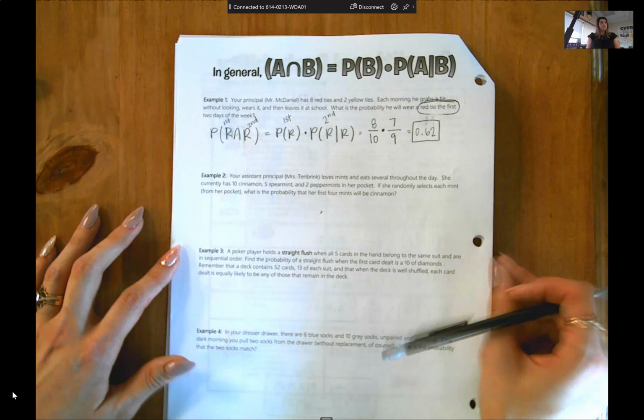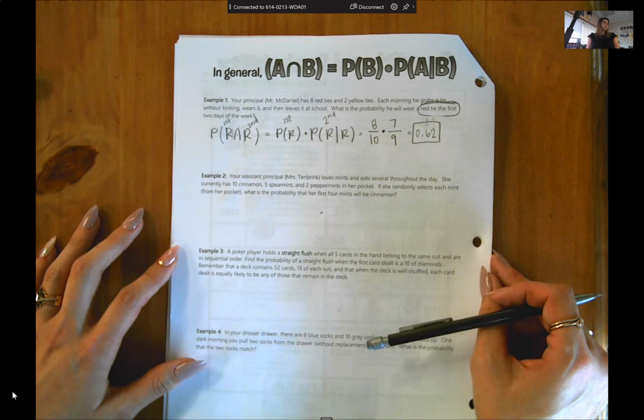Your assistant principal, Miss Tenbrink, loves mints and eats several throughout the day. She currently has 10 cinnamon, 5 spearmint, and 2 peppermints in her pocket. If she randomly selects each mint from her pocket, what is the probability that her first 4 mints will be cinnamon?